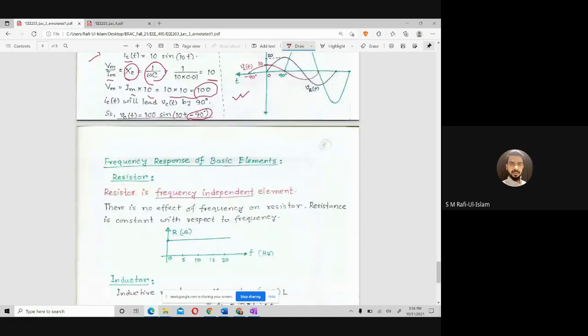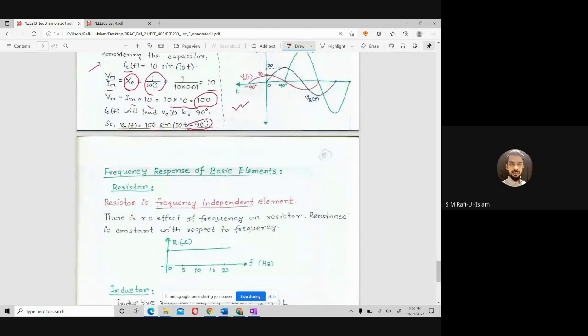Now, so far we have learned the time dependent behavior of capacitor, inductor and resistors. Now we want to learn the frequency response, or frequency dependent terms, because in an AC circuit we can tune the frequency. If you change the frequency, how do the resistor, capacitor and inductor change?